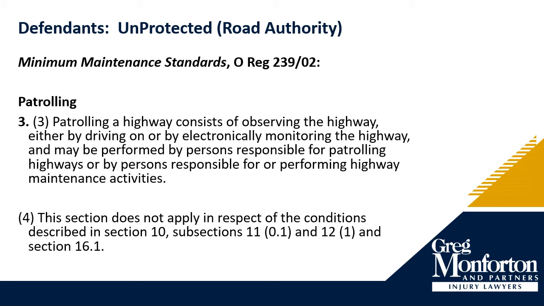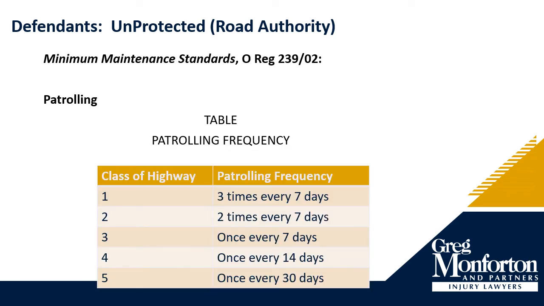Subsection 3 of section 3 of the minimum maintenance standards regulation defines what patrolling means. Basically, it means to observe the conditions of the road either by driving on them or by electronic monitoring. It doesn't apply in respect of other conditions that are outlined in other sections of the regulation. Now, with respect to patrolling, it also sets out how often patrolling is required.